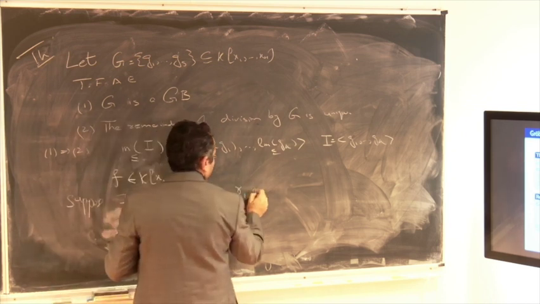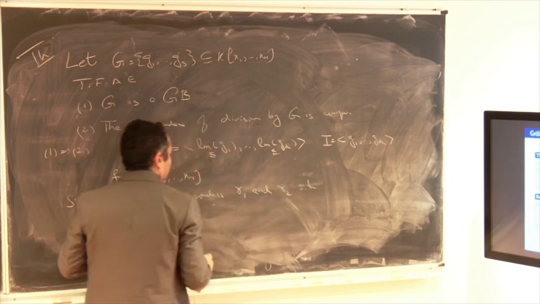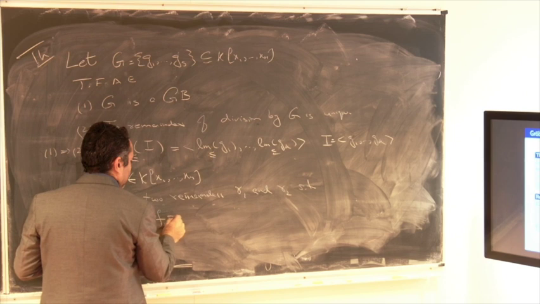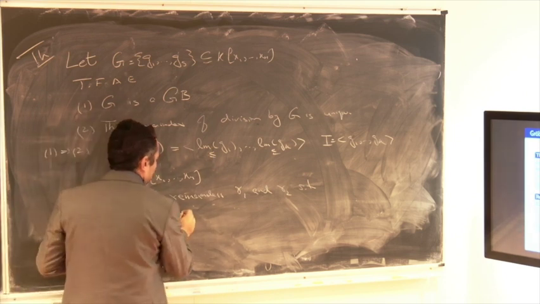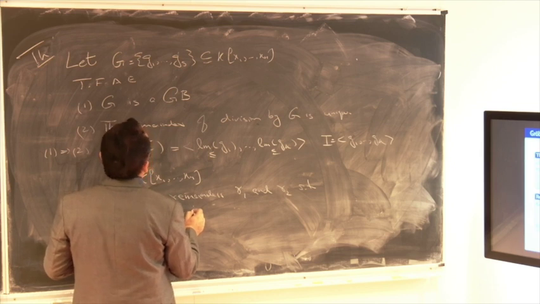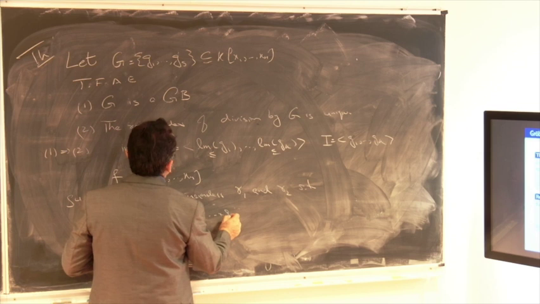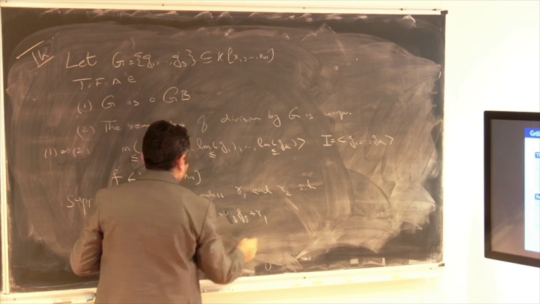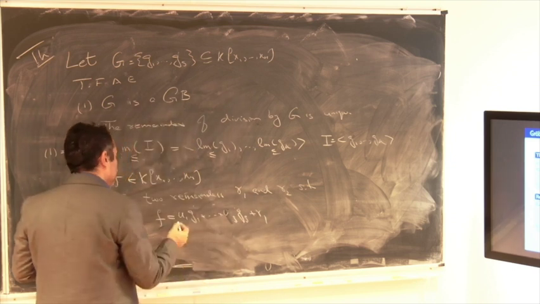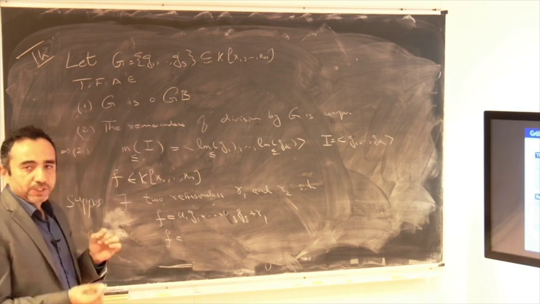R1 and R2 such that f is equal to u1 g1 plus so on plus us gs plus r1, and suppose we divide the same f by changing the order.